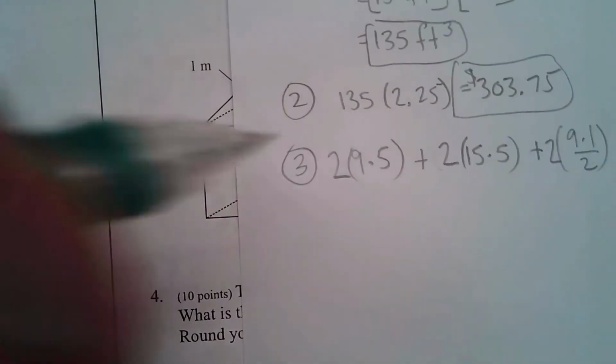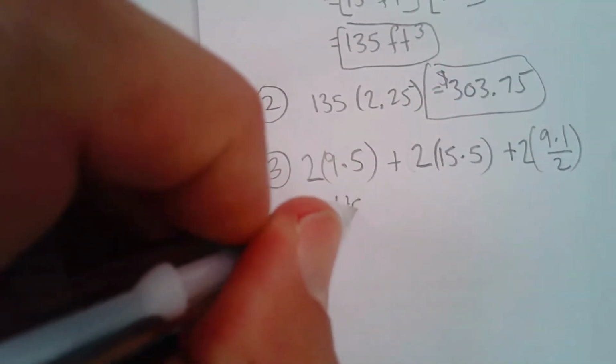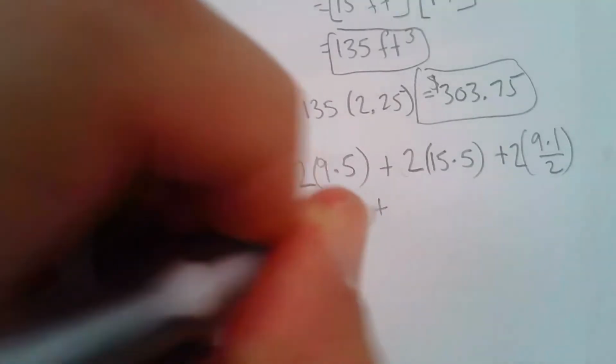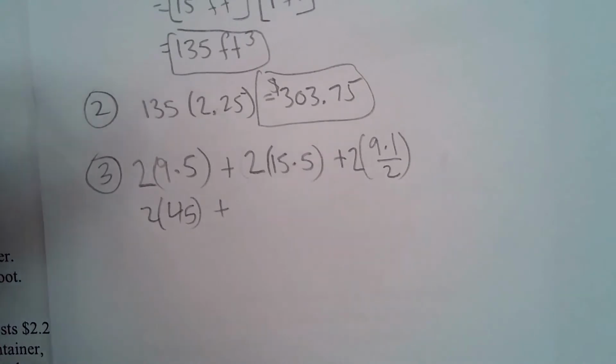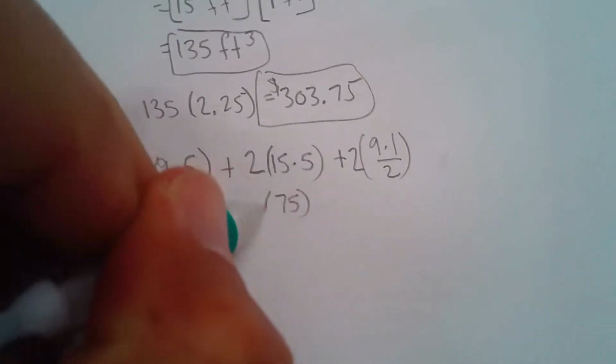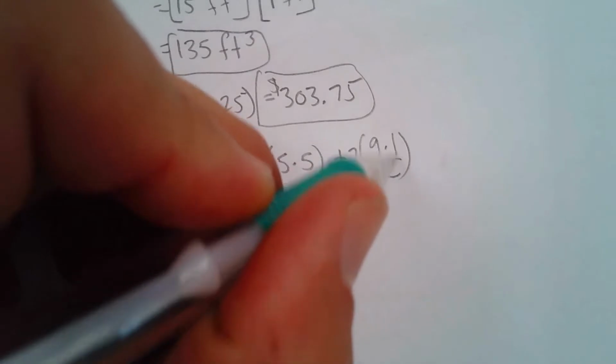So 9 times 5 is 45 times 2, plus 15 times 5, which is 75 times 2, and then 9 times 1 divided by 2 times 2.